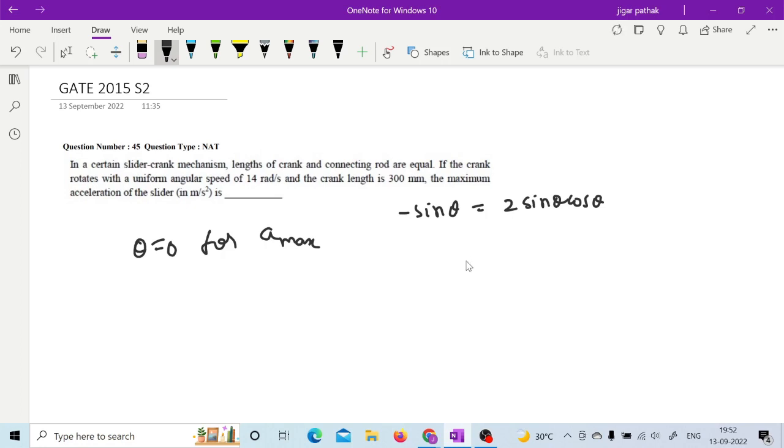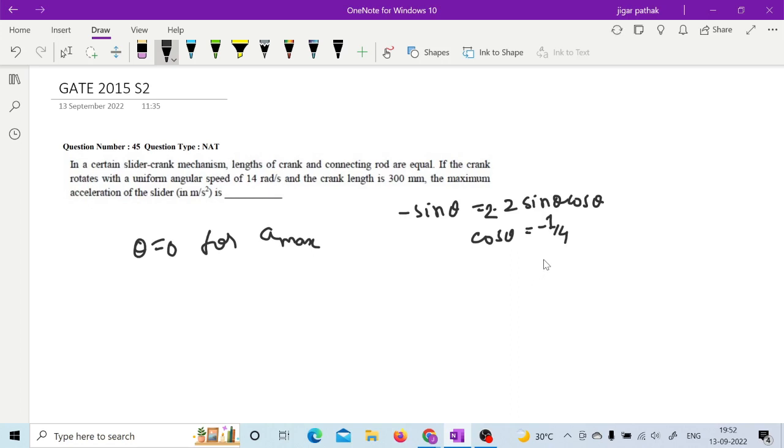Sir, it's minus 1/4, because the differentiation of cos 2 theta is minus 2 sin 2 theta. Oh, yes, correct. Okay, so if we go by that, then we are having cos theta equal to minus 1 by 4.